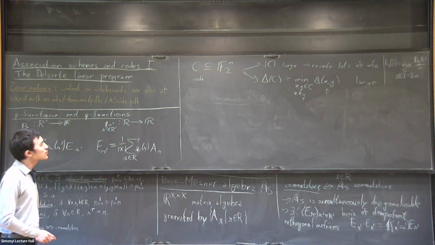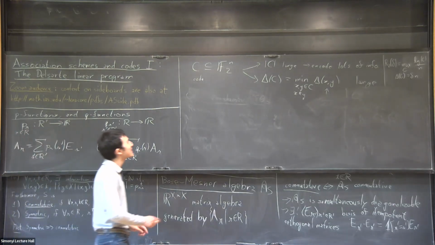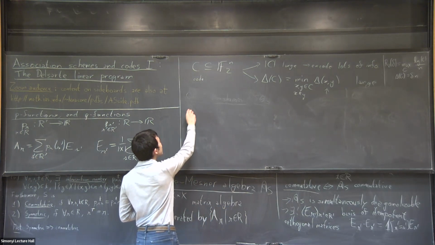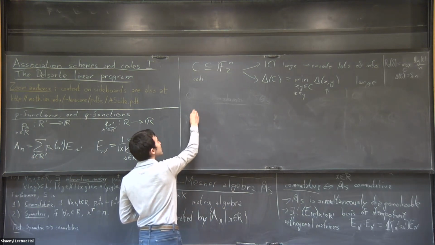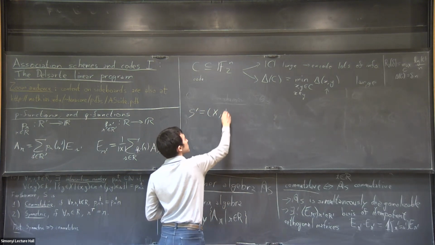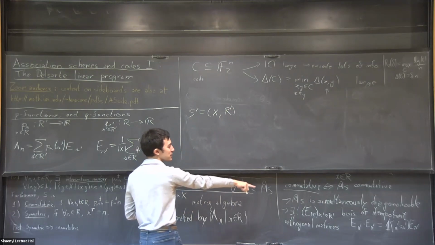I'm purposefully not revealing the last board here because there's things written there. But let me just do a final definition, which is to say, imagine that I give you another scheme S prime. It's over the same set X, but the relations somehow are indexed by the dual relations.